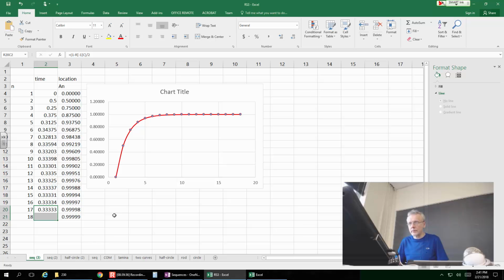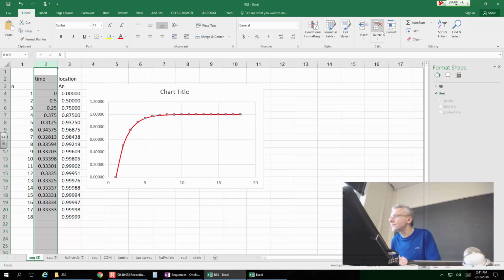That doesn't look right. Okay, hold on a second. Okay, so I messed it up slightly. I need to insert the column, I put it in the wrong place, unfortunately.